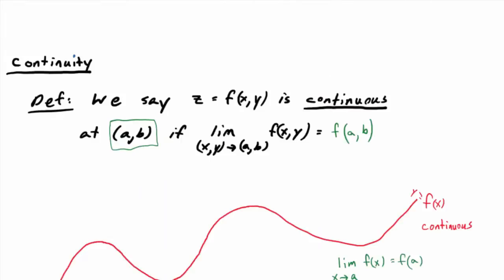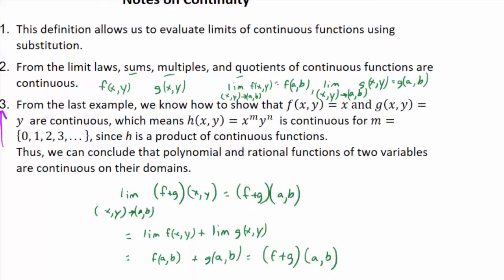So why does that help us? From the last example, we know how to show that f of (x, y) equals x and g of (x, y) equals y are continuous. That's the epsilon delta proof. What does that mean? Well, since we know that products of continuous functions are continuous, x to some m times y to some n must also be continuous if you extend the idea of products of continuous functions are continuous.